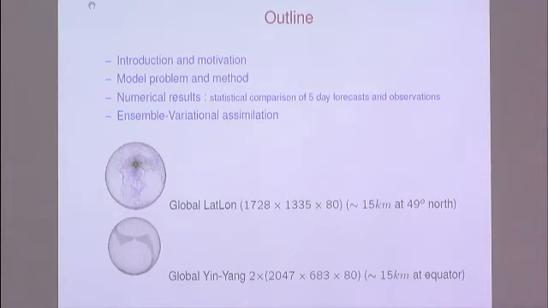One problem associated with the construction of a global atmospheric model is the numerical representation of spherical geometry. The current operational model uses lat-long, which we know has the pole problem. You have pole singularity and convergence of meridians near the pole. So we want to switch to Yin-Yang.